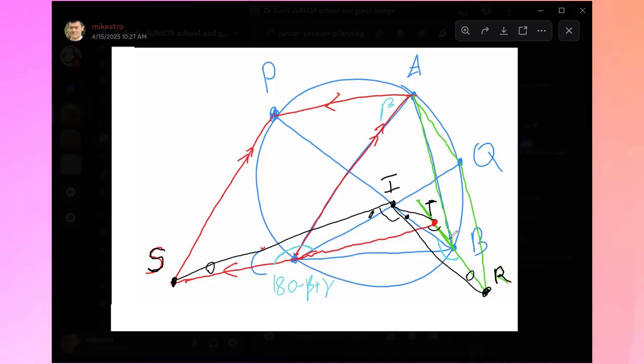Here we have, yeah, so TBI is beta minus this angle, and this angle is gamma.